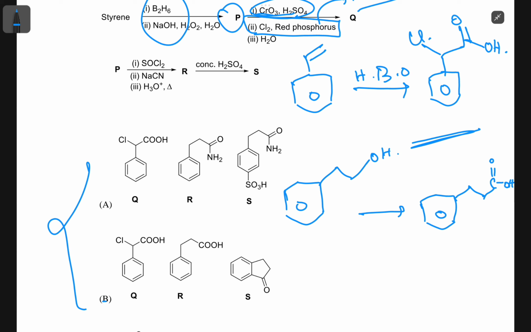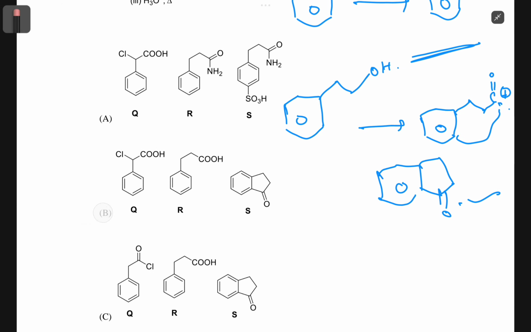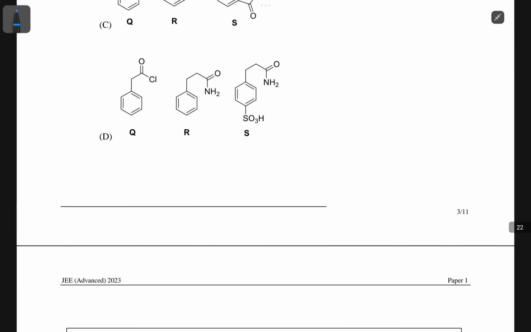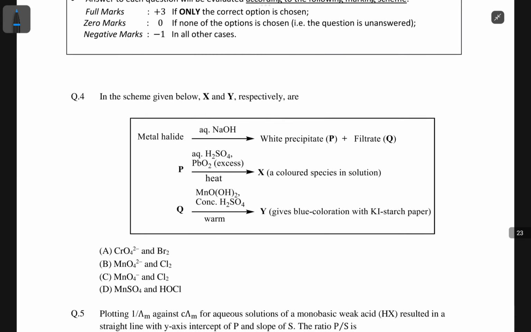Now you have concentrated H2SO4, so this would be something like a Friedel-Crafts alkylation, and this would be attached with a 5-membered ring with this, and so B should be correct for this, right? Okay, let's move on.